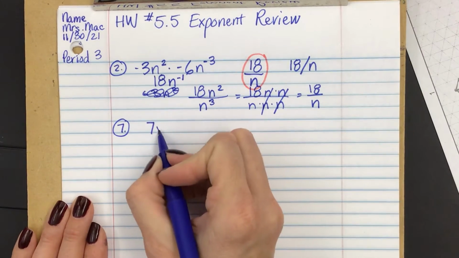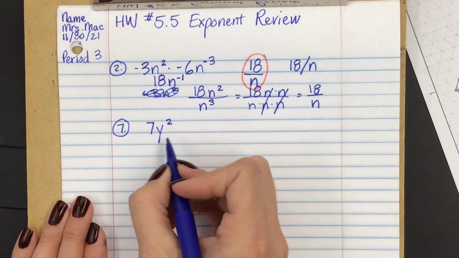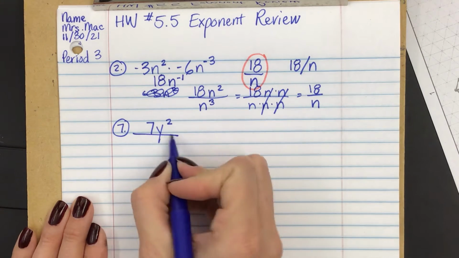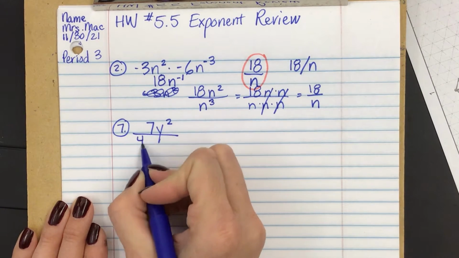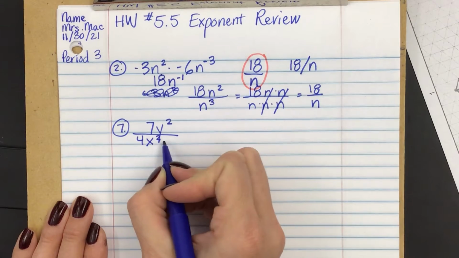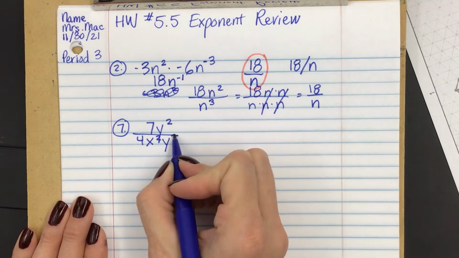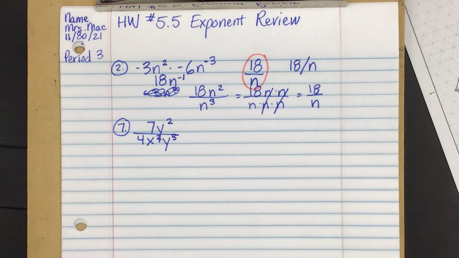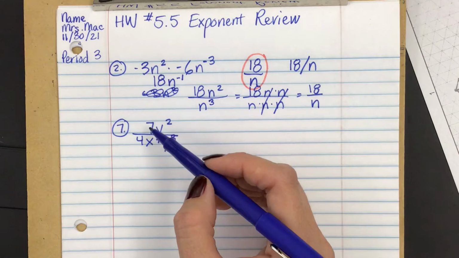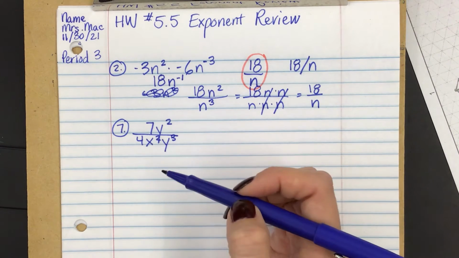So 7 y to the 2nd over 4x squared y to the 3rd. Okay, yes. On the answer checker, can we have negative numbers? Yes, absolutely. Just no negative exponents. So there's not a whole lot that needs to be done with this problem because your coefficients, you can't simplify that any further.